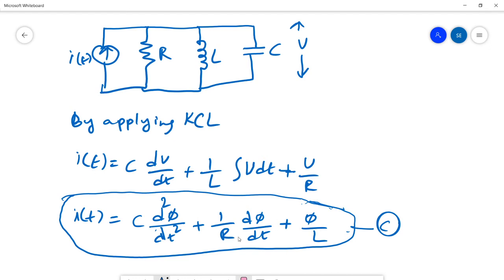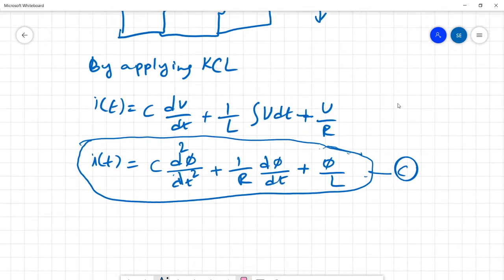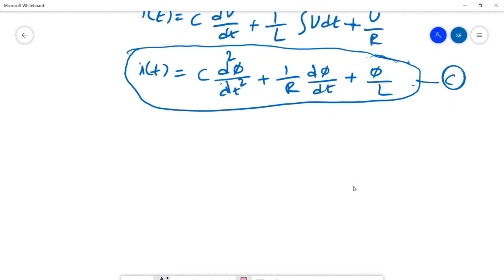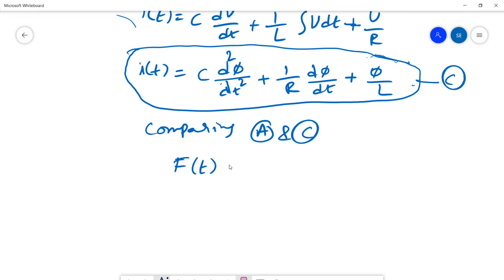And for first order derivative, the coefficient is b, that is the dashpot, and we have 1 by L here, 1 by L for spring constant K. So from A and C, comparing, force F of t is analogous to current I of t, right?